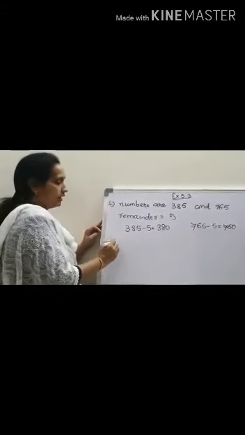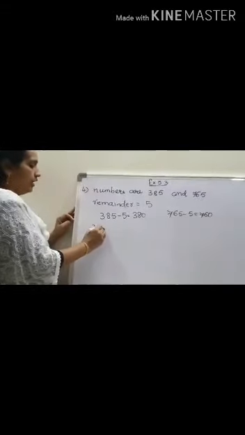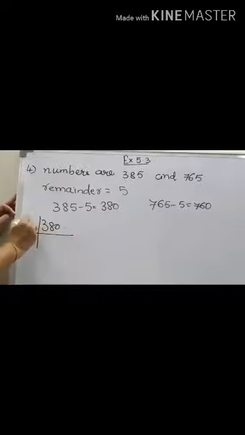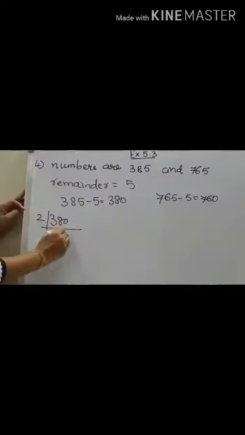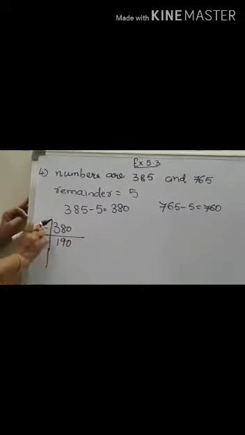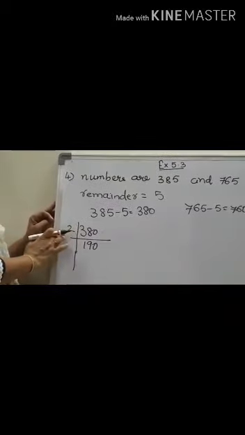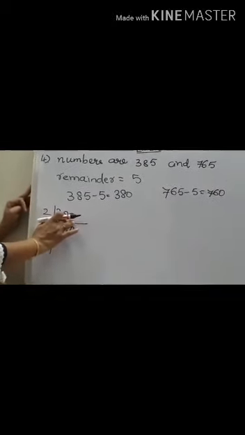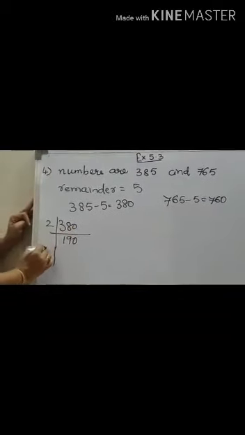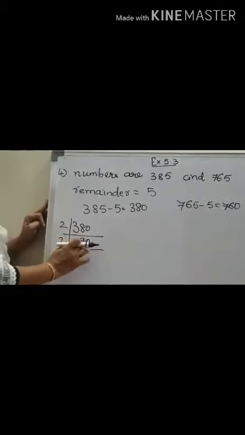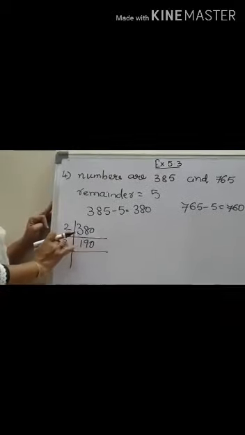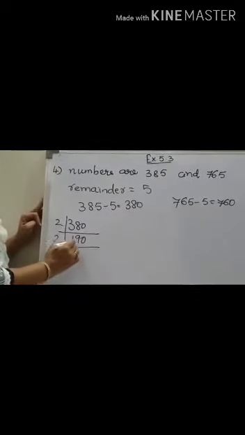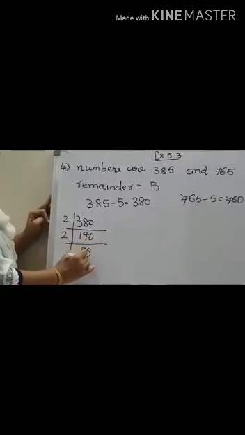Now let's find the factors of 380. 2 190s are 380. Why 2 only? Because we always need to start with the smallest prime number, and as 0 is there in the ones place, it is divisible by 2. Again, 0 is there in the ones place, so it is divisible by 2. 2 9s are 18, 1 remainder, 2 5s are 10.